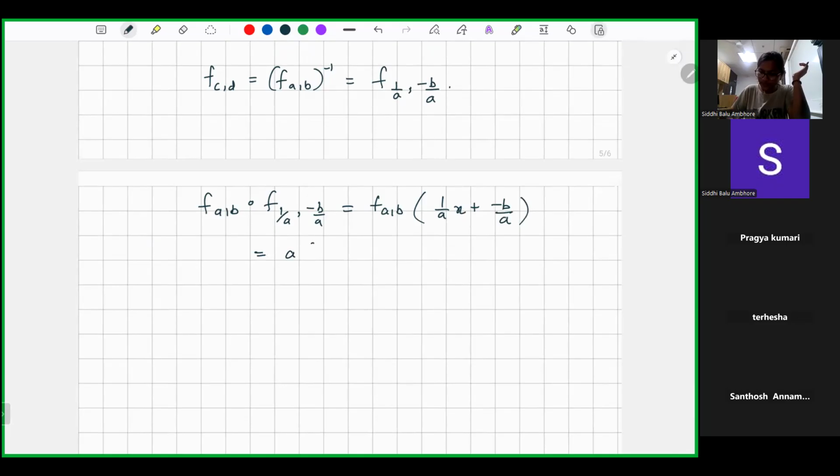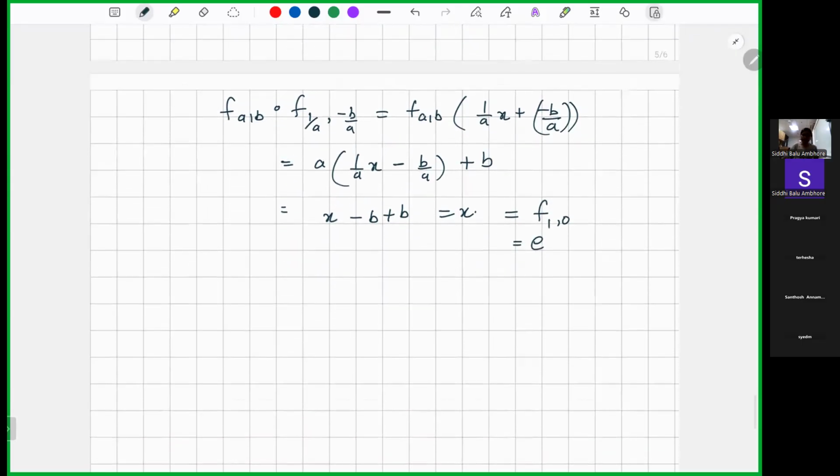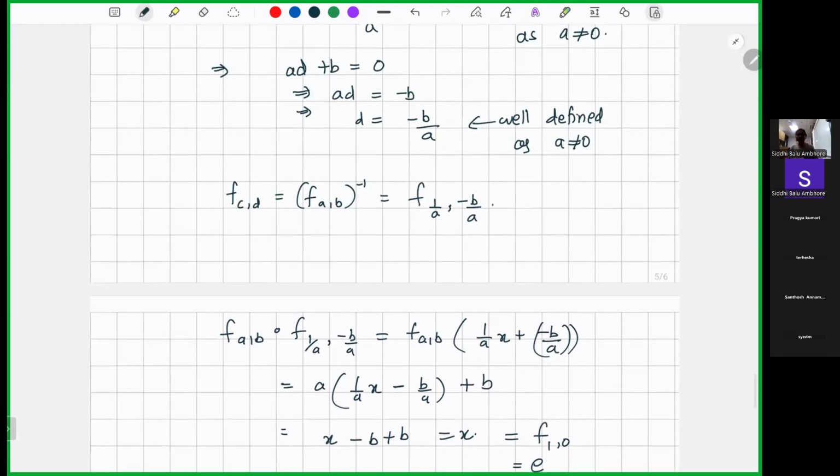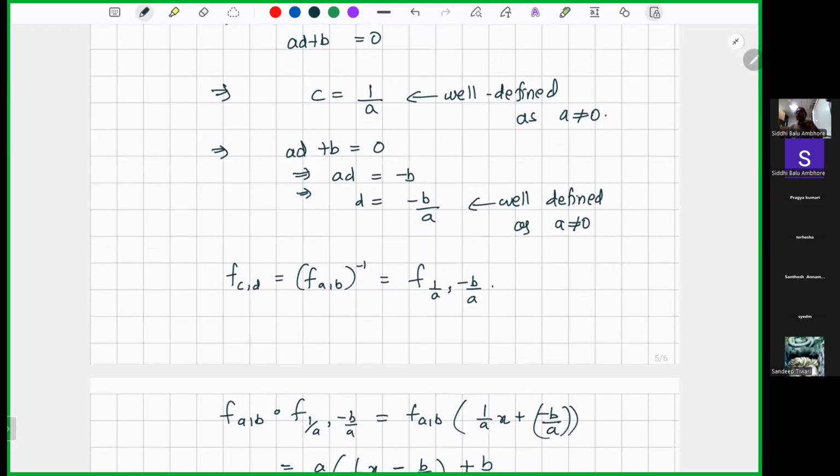This is a into (1 by a)x plus minus b by a, plus b. So this is x minus b plus b, and I get x, which is the identity we obtained earlier, the identity of this set. And this inverse is unique, the way we have calculated it, it has to be unique.